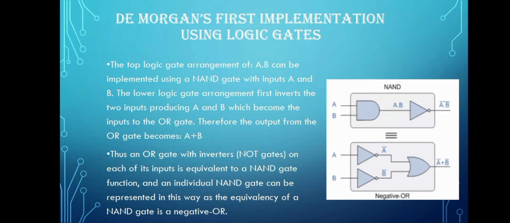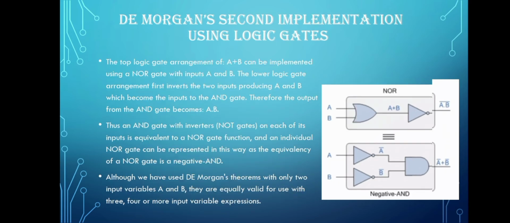Therefore, the output from the OR gate becomes A plus B. Thus, an AND or OR gate with inverted NOT gates on each of the inputs is equivalent to the NAND gate function, and individual NAND gates can be represented in this way, as the equivalency of a NAND gate is negated. De Morgan's second implication using logic gates.